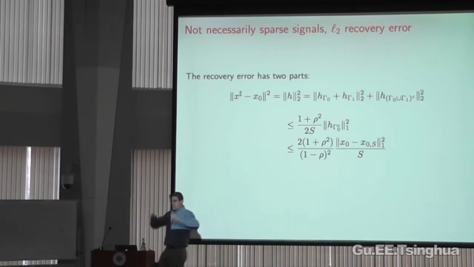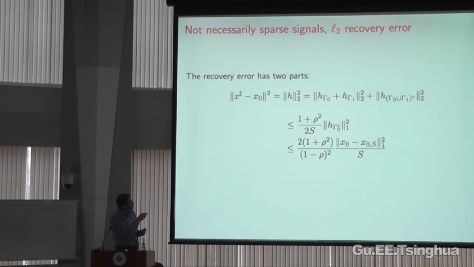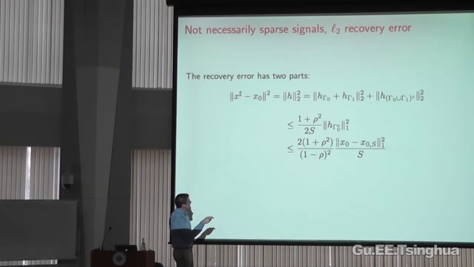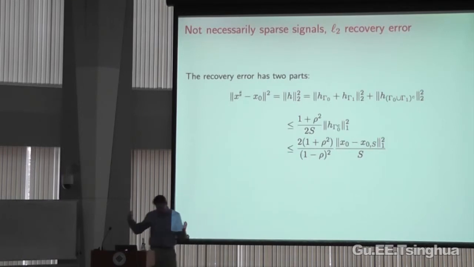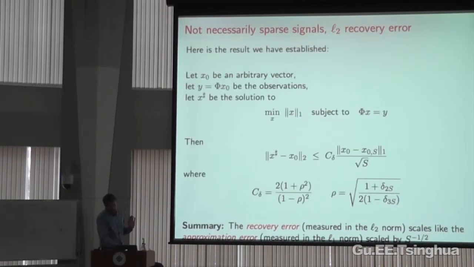But what was h? h was exactly the difference between the solution of the optimization program and the vector that I'm trying to recover. So again, this is exactly the difference between x naught and its best S-term approximation, in the 1 norm, but divided by the square root of S. I can collect this all to say that the difference in the 2 norm between these two things can be bounded.